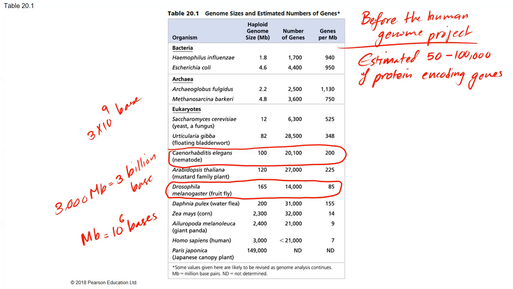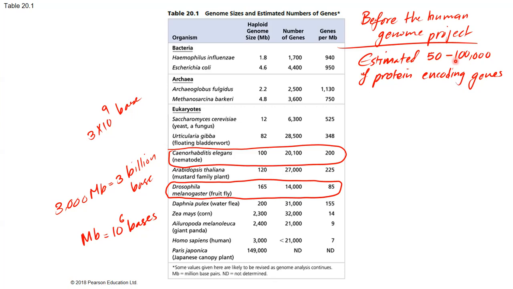So this is before. Why do you think scientists estimated that we might have 50,000 to 100,000 protein-encoding genes? From where did they get this number? On average, when they analyzed the number of different proteins in a typical human cell, they estimated that it contains 50 to 100,000 genes.